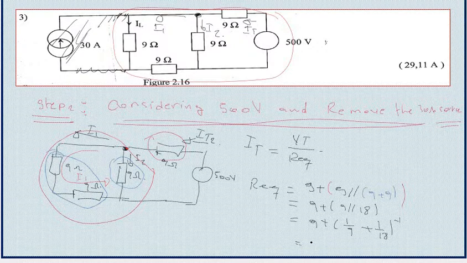So I'm going to have 1 over 9 plus 1 over 18, and everything the inverse, plus 9.